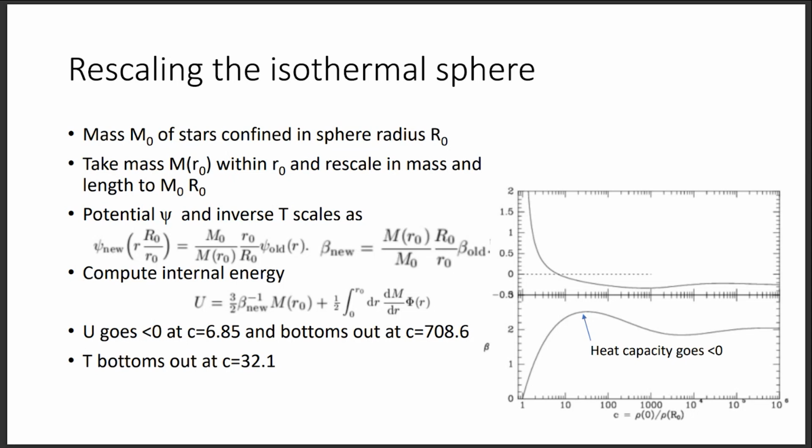And I come to this interesting point here, where the density contrast is 708, when the energy bottoms out. So all the way along here, I've moved my sphere to greater and greater central density contrast by drawing heat out. In order to follow these solutions further, I have to increase the energy.